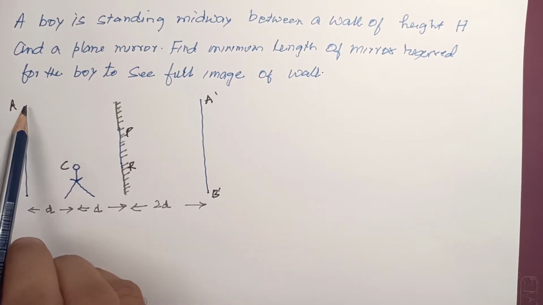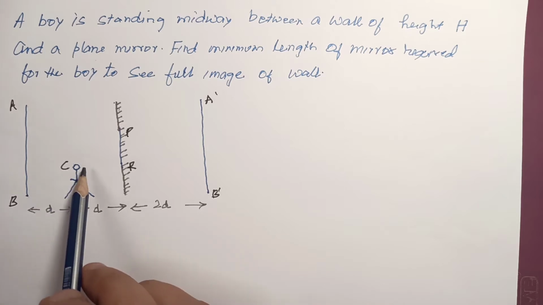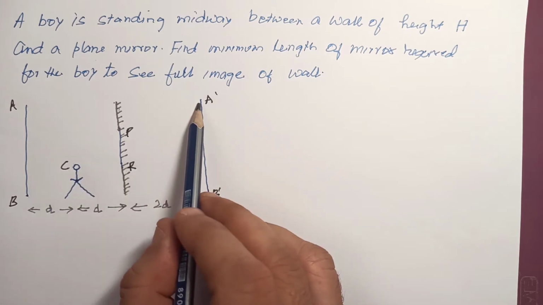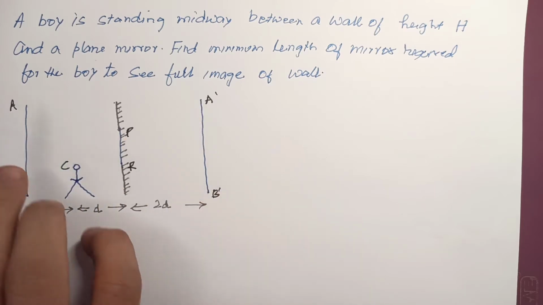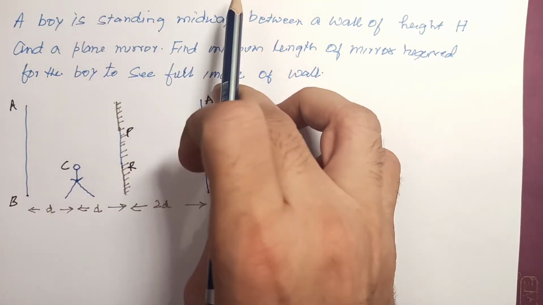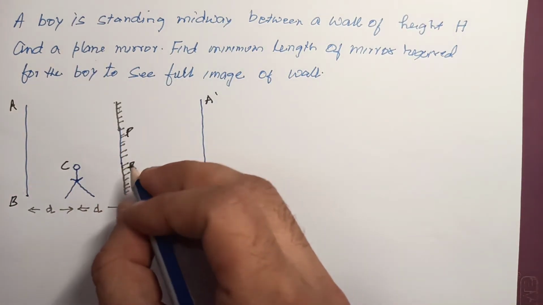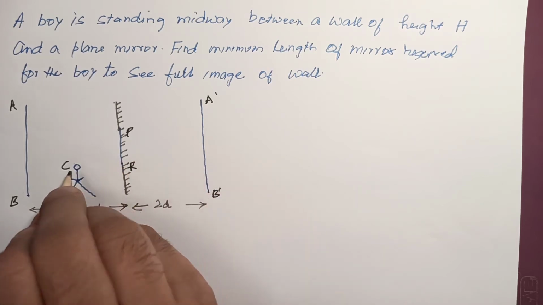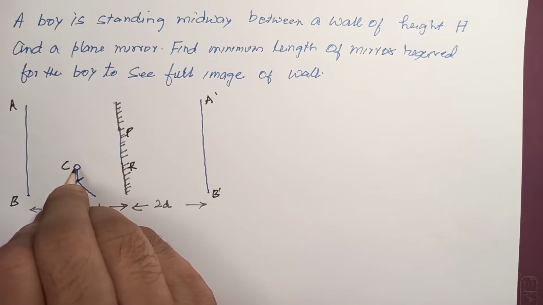The extreme points are A and B of the wall, and we need to accommodate the entire wall. So first we take not the original wall but the image of that wall in the mirror, and from here the eyes are. These eyes are actually seeing this, correct?